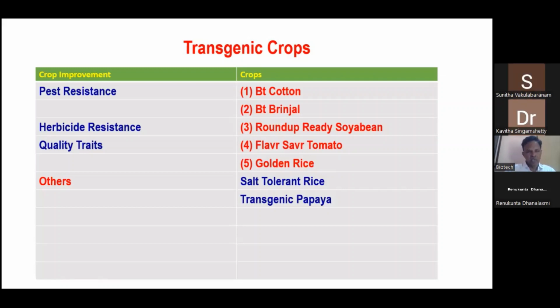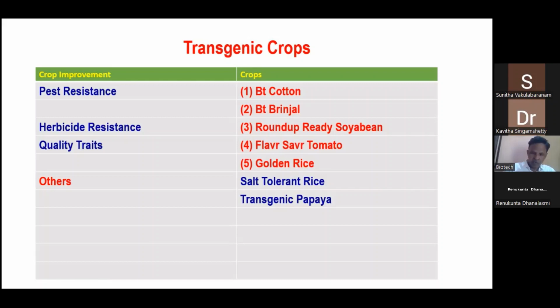I will be discussing one after the other. I also have given some examples other than what is present in your syllabus. That is salt tolerant rice, transgenic papaya, that is virus resistance, and then several others. At the end of the lecture, you can have a look at them.